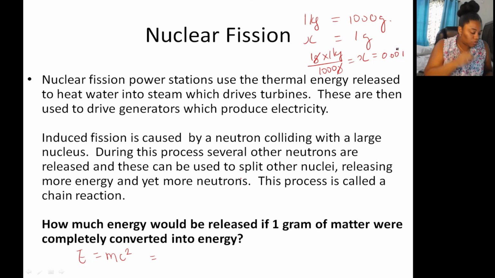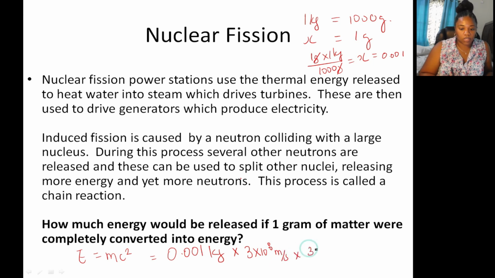Right? Did everybody get that? Right, so we're going to use 0.001 kilogram times, what's the speed of light? 3 times 10 to the 8 meters per second times 3 times 10 to the 8 meters per second, right?